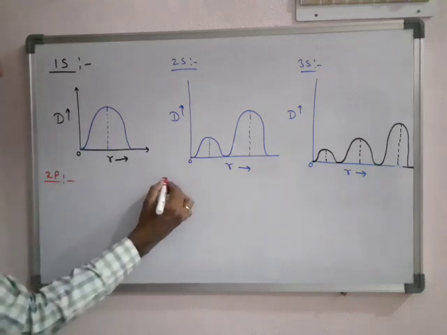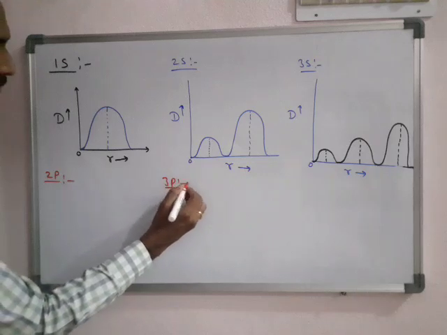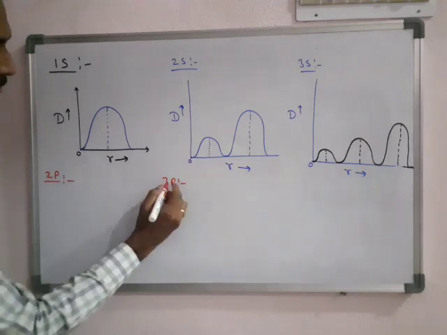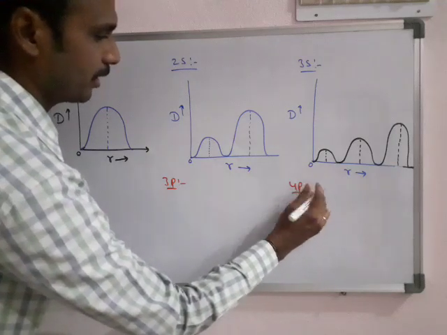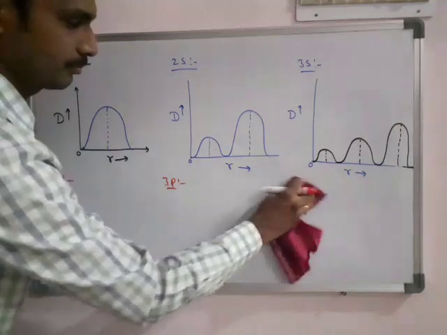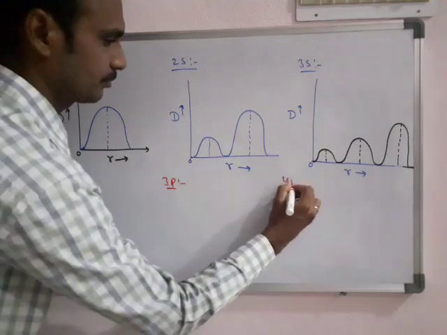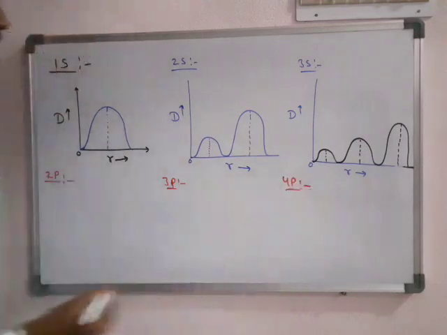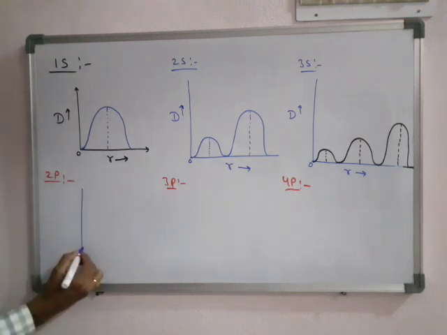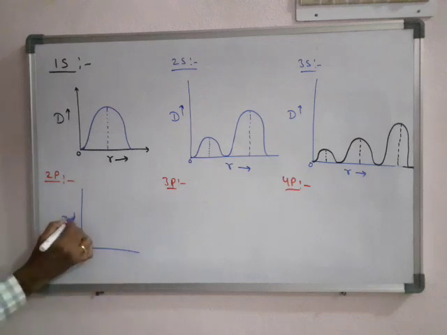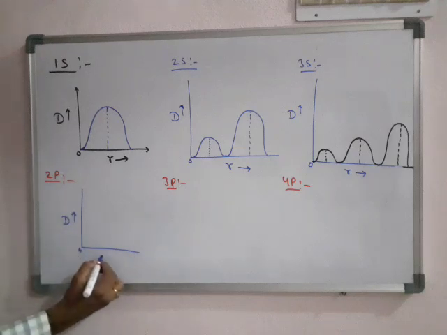Next we see for 3p and 4p. Okay, so capital D in smaller.